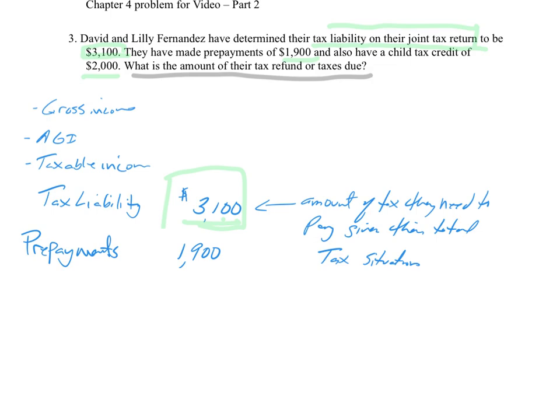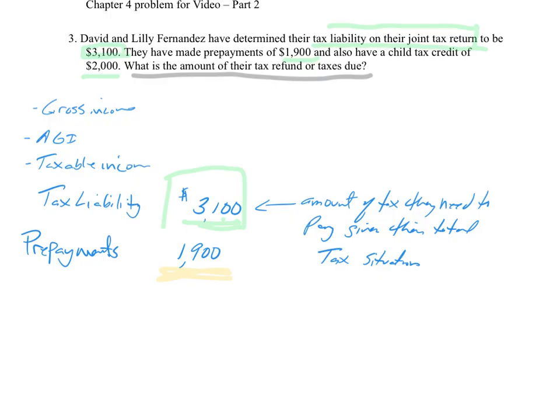Now, they have already made prepayments of $1,900. So they could be withholdings if they have W-2 income, or they could make estimated tax payments, okay?